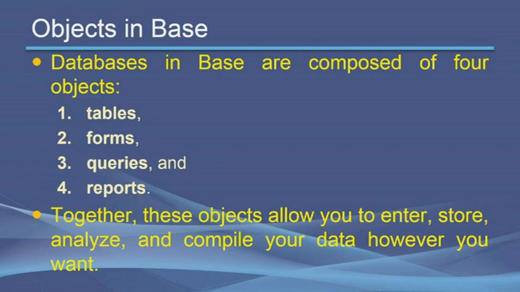Together, these objects allow you to enter data, store data, analyze them and compile them according to your wish. So, as I said, we are asking about these 4 components in your examination.